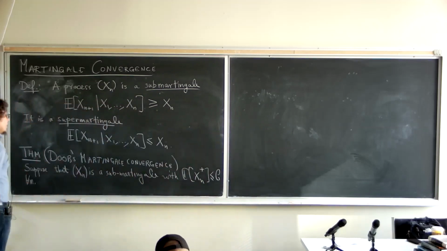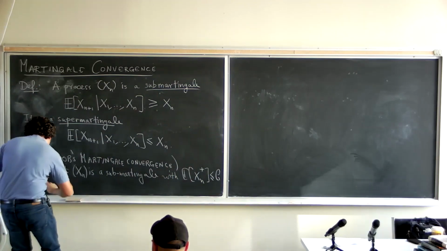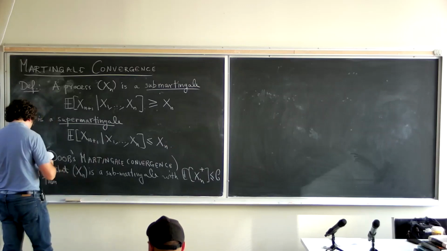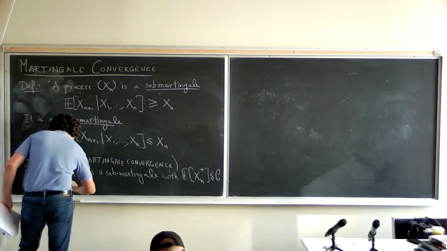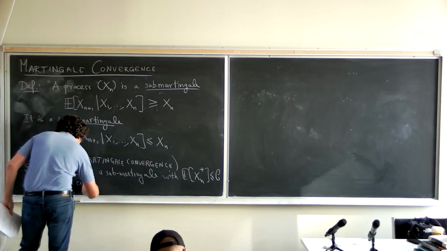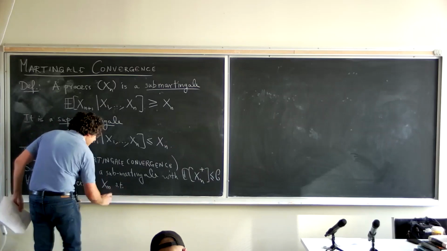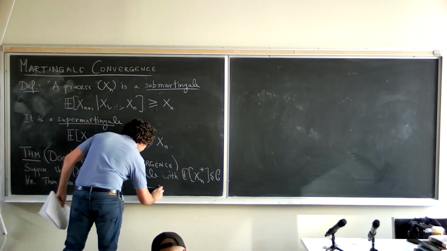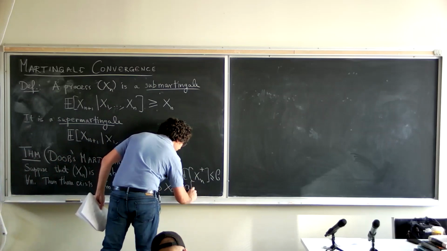So there exists a C such that the integral of the positive part is bounded above. Then this is enough. Then there exists a random variable X infinity such that Xn converges to X infinity almost surely.